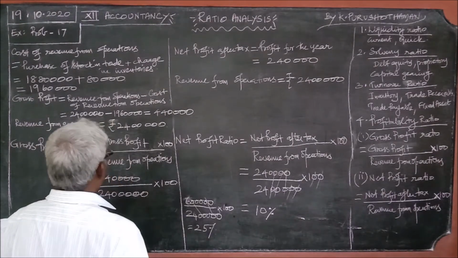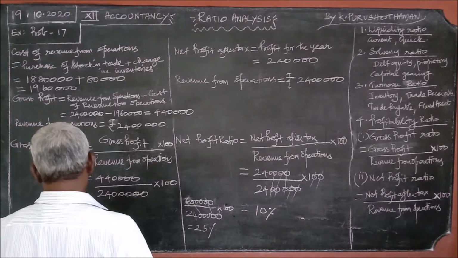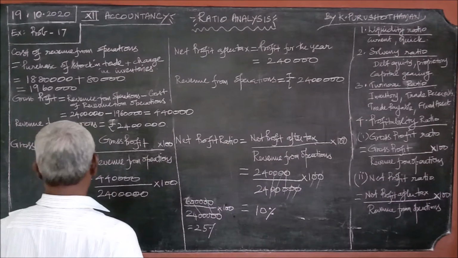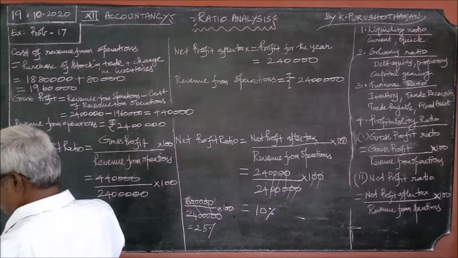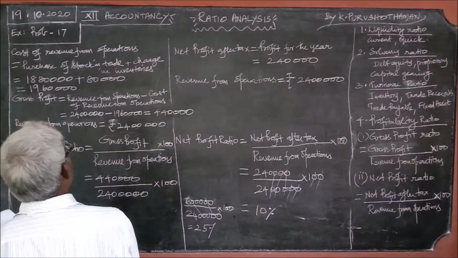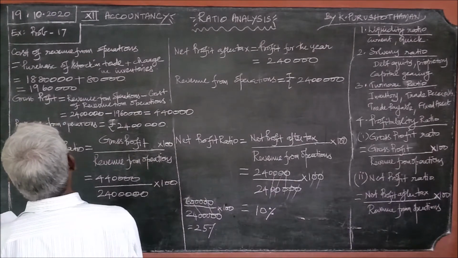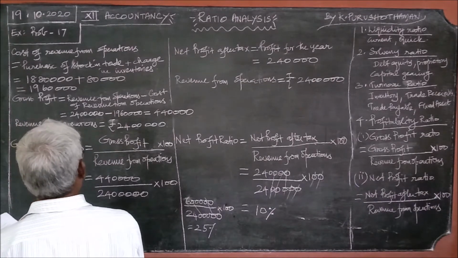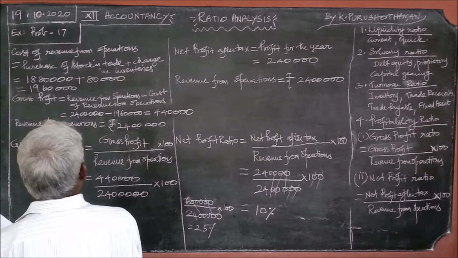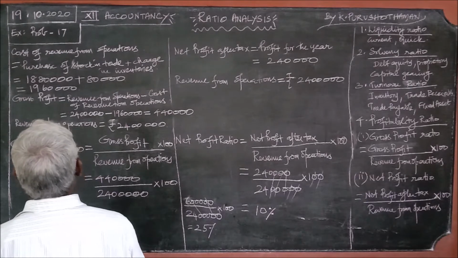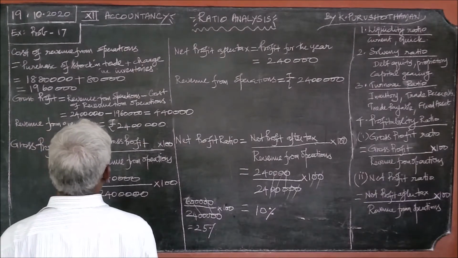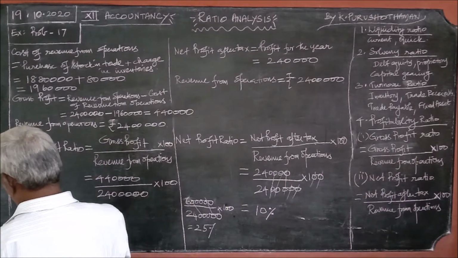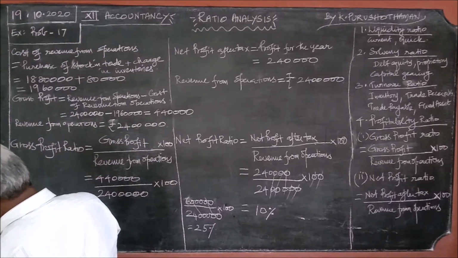Now, for this amount 4,40,000, there is a sign given, whether it is minus or not. If it is minus 18 lakhs, then 24 minus 18, 6 will come. The printing is not good.